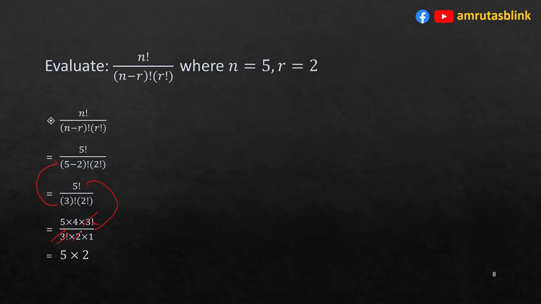So 2 ones are 2 and 2 twos are 4. So whatever is remaining in the numerator is 5 into 2 and the denominator is nothing but 1. So 5 into 2 is equal to 10. Hence the value of this expression n factorial upon n minus r factorial into r factorial for n is equal to 5 and r is equal to 2 is 10.